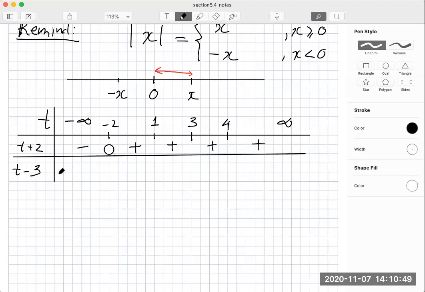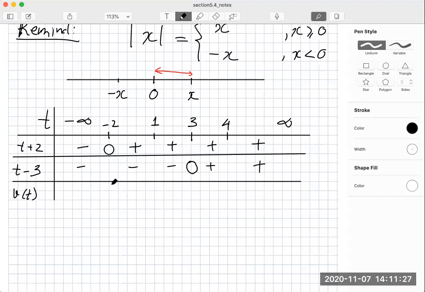The same story at t minus 3, the solution is 3, so this function will be 0 here. And whatever t smaller than 3, it will be? Negative. Yes. Thank you. So we know the table, right? And v is the product of t plus 2 and t minus 3.